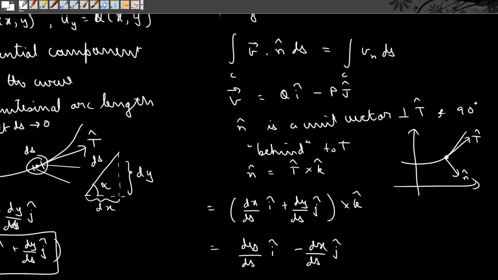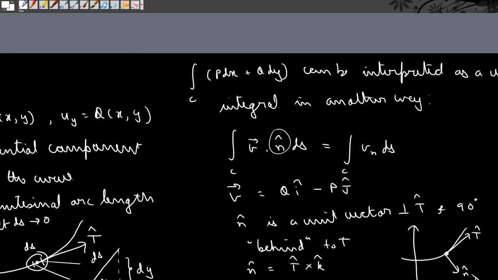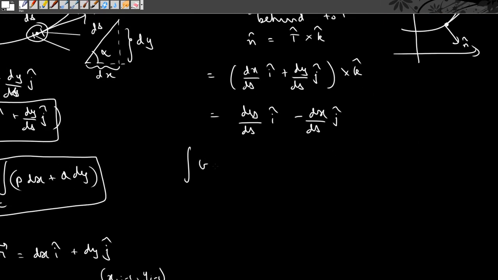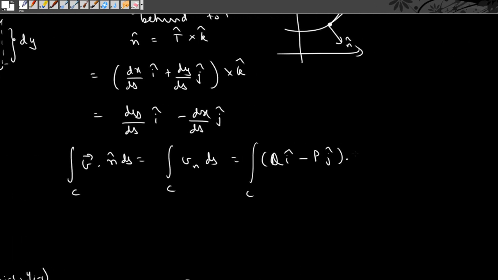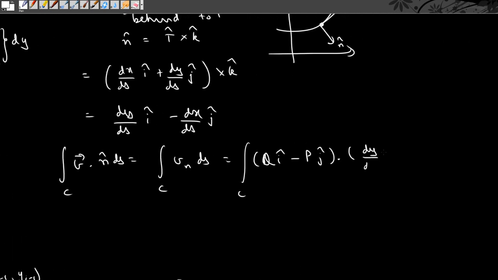So if we substitute this for n hat over here, what we will get is that integral of v dot n hat ds over c, which is v_n ds over c, becomes integral over c of q i hat minus p j hat dot dy by ds i hat minus dx by ds j hat times ds.